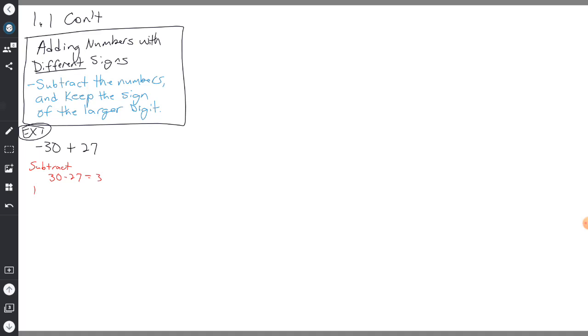And then we keep the sign. So in this case, the 30 is the larger digit, so we keep the sign that's with the larger digit. So the answer would become negative 3.